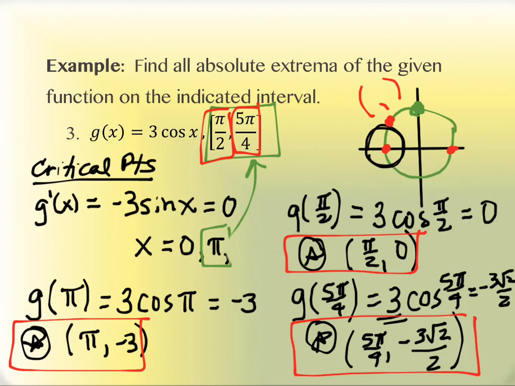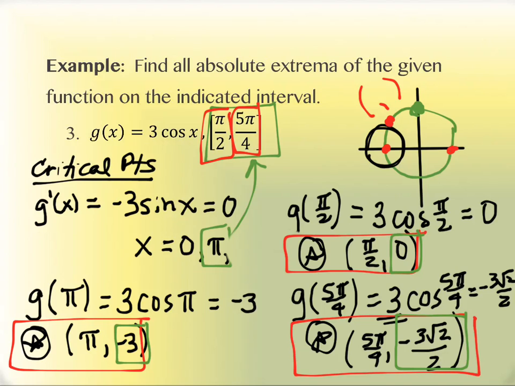G of pi, G of 5 pi over... yeah, the y values, right? Yeah, we're looking at the y values. These are the values we want to compare. I want to make sure that everybody understands what we're comparing. These are the 3 values because these 3 values tell you how high or how low you go. So which of those 3 is the largest?